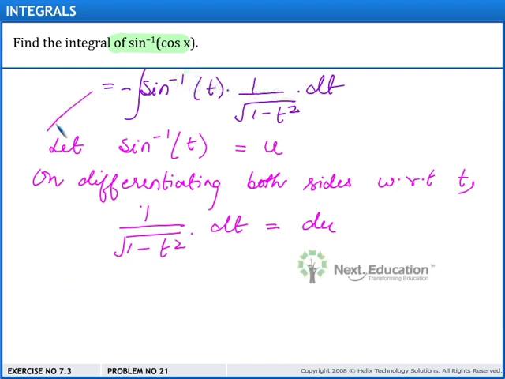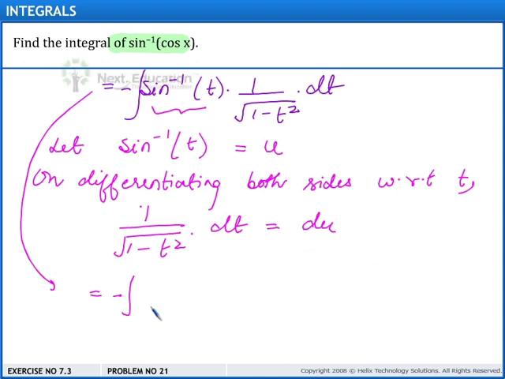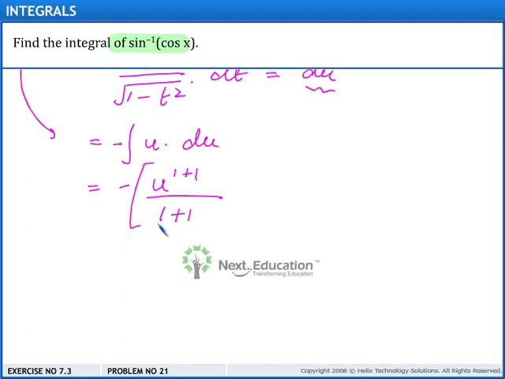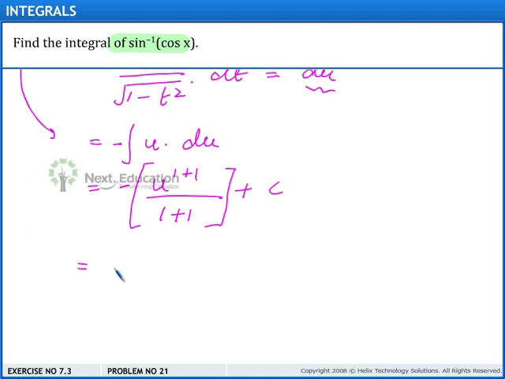Therefore, this integral can further be written as minus of integral sine inverse t we have supposed as u, and dt divided by square root of 1 minus t square is du. So this is equal to minus of u raised to the power 1 plus 1 divided by 1 plus 1 plus the constant c. So this is equal to minus u square divided by 2 plus the constant c.